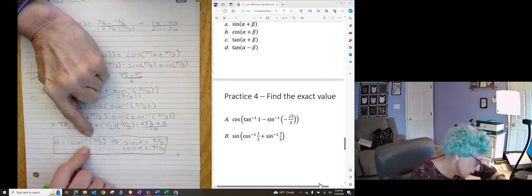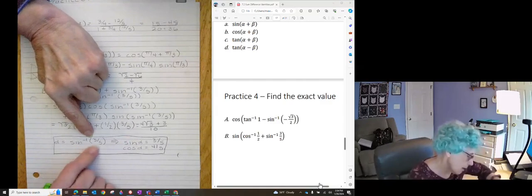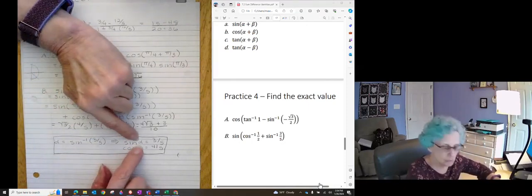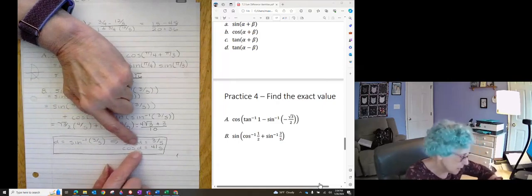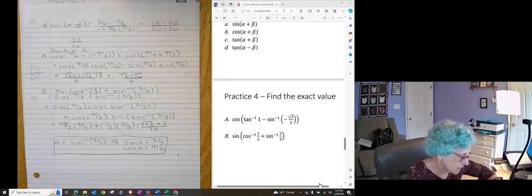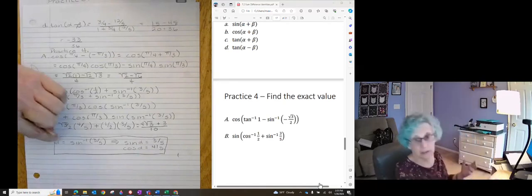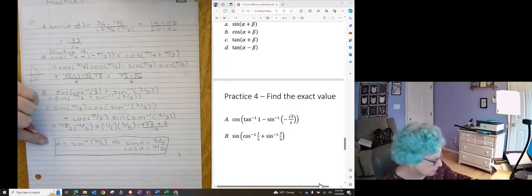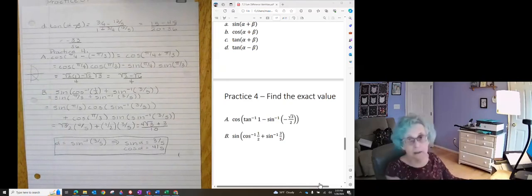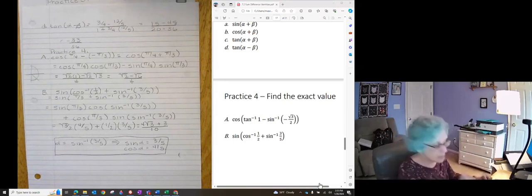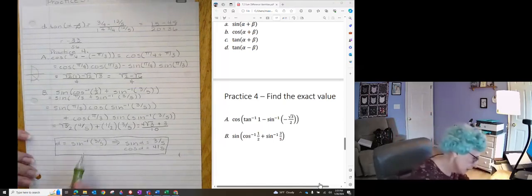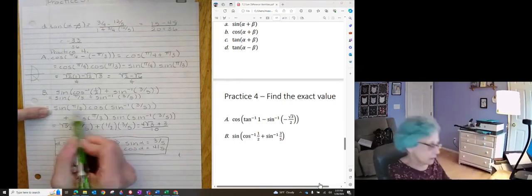But if we look at, let alpha be equal to the angle whose sine is 3/5, then sine of alpha is equal to 3/5. That means cosine of alpha has to be equal to 4/5, because the inverse sine of 3/5 lives in quadrant 1 because it's positive, and answers for inverse sine are always in quadrant 1 or quadrant 4, so if it's positive, then it's in quadrant 1. So that one took a little bit of work.